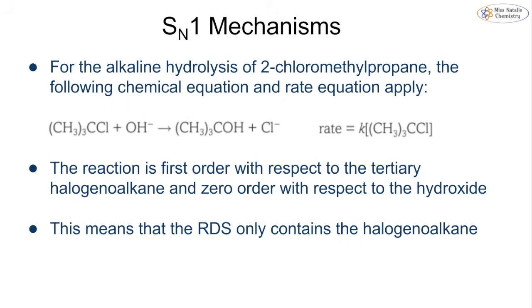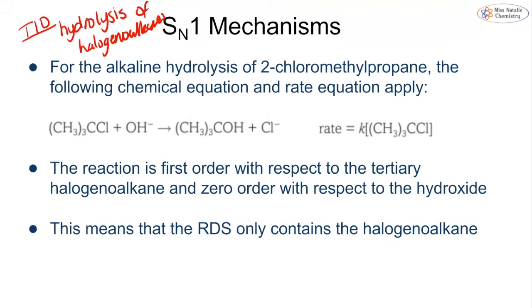Now, moving on, we're going to look at SN1 and SN2 mechanisms. If you remember back to topic 10, where you were looking at the hydrolysis of halogenoalkanes, you were able to give information about why the iodoalkane was the fastest, because it was to do with the C-I bond being weak, and then the C-Br bond and then the C-Cl bond, and you could explain that using bond energies.